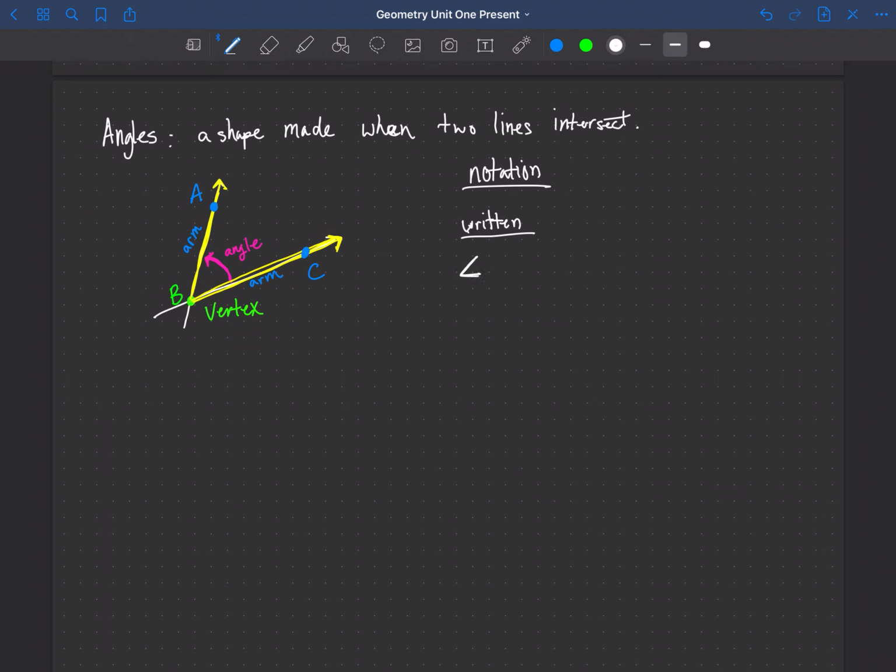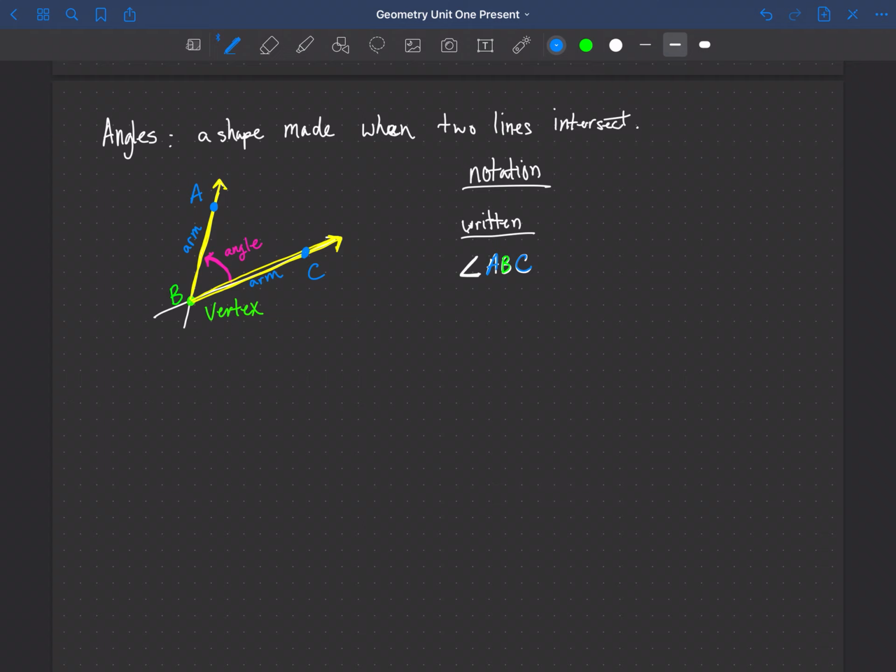The way we name this angle, again, we use a symbol in the front and some letters to name it. The notation, the way it's written, is going to be an angle symbol. It's going to look like an L, but a little bit closed up. And we're going to choose 3 letters. The only 3 letters we have right now are A, B, and C. There is a specific order in which we write this.